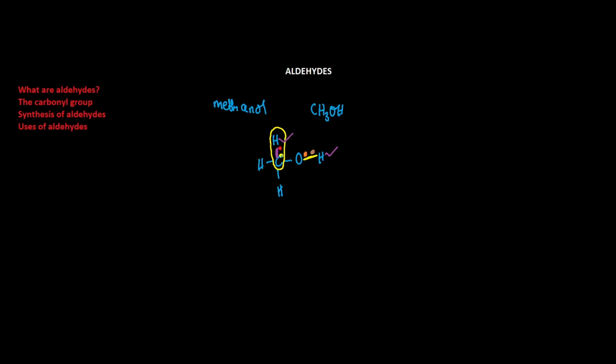Now, the electrons that have been retracted, both from carbon and oxygen, now form the double bond in the aldehyde. So we would have carbon and a double bond between carbon and oxygen, and then one hydrogen here and another hydrogen here. Now this is an aldehyde, and this aldehyde is a one-carbon aldehyde, so it would have the prefix meth.